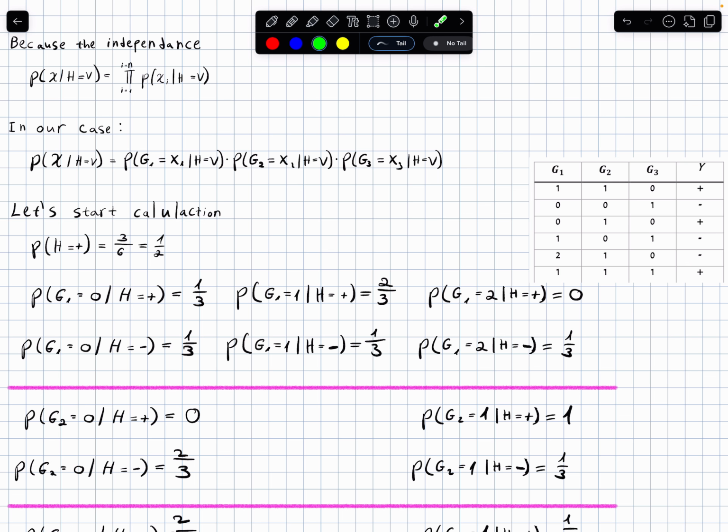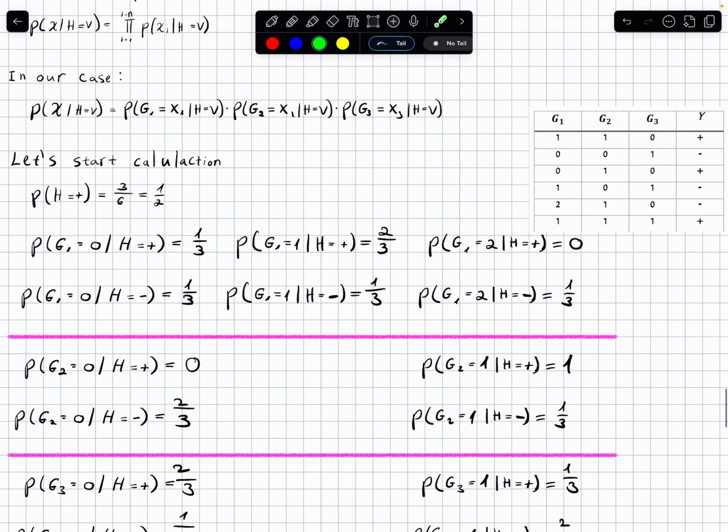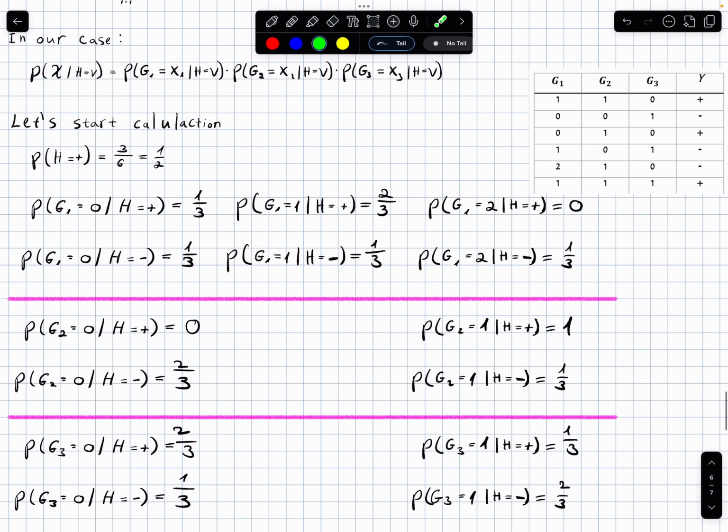So now it's 2 divided by 3. And given that h is plus, what is the probability that g1 is 2? We can do the same, but we see that this sum is already 1, meaning this has to be 0.